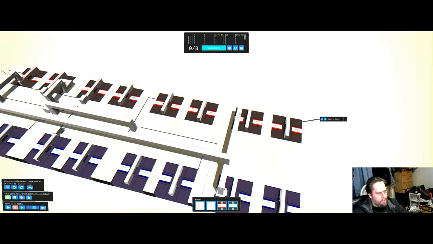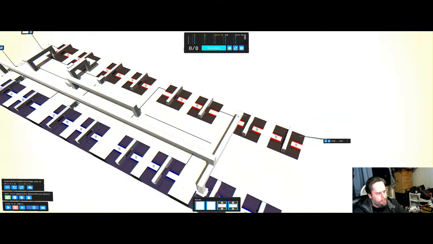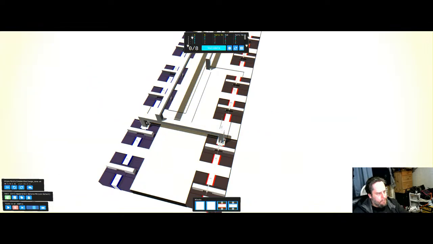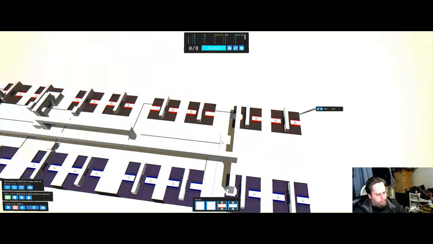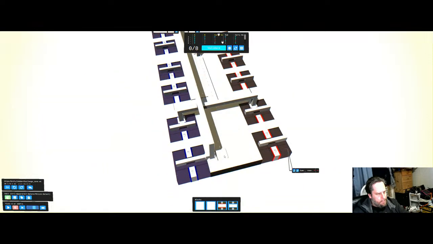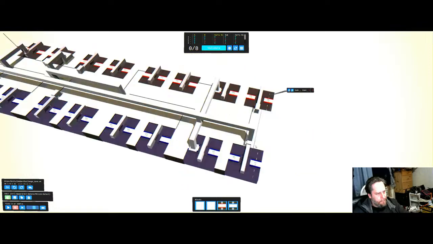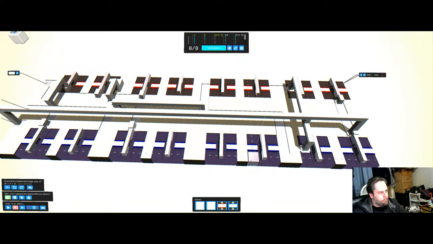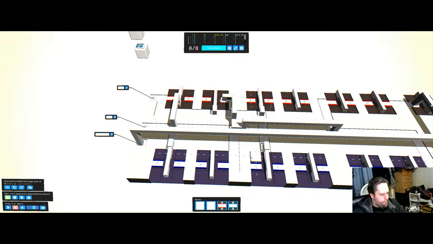It's going to connect those two anyways. And then that to there. Okay. That.